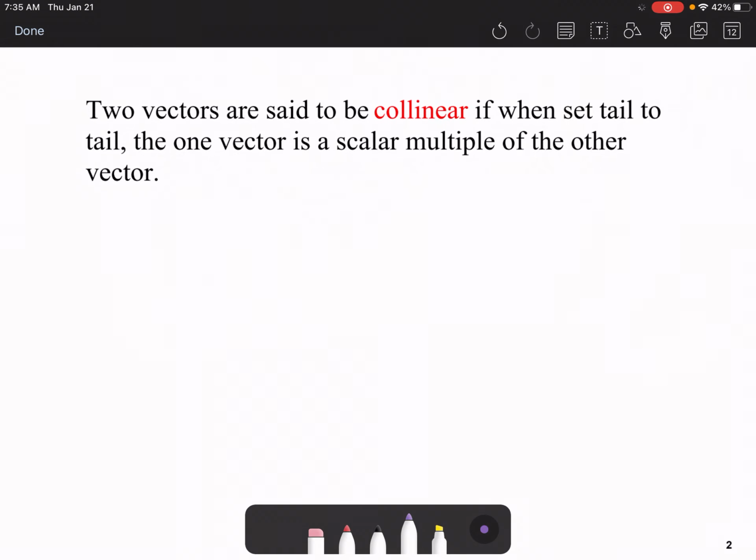Two vectors are said to be collinear if, when set tail to tail, one vector is a scalar multiple of the other vector. So for instance, let me show you an example of two collinear vectors.